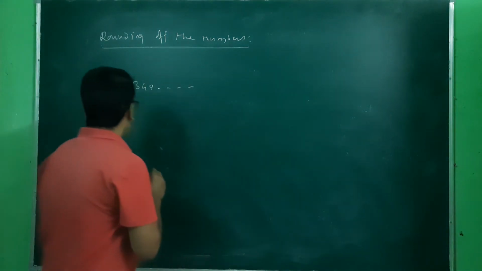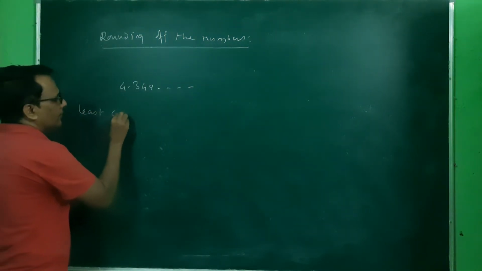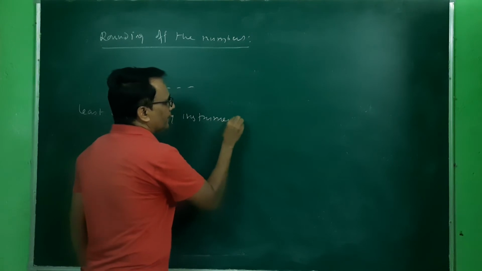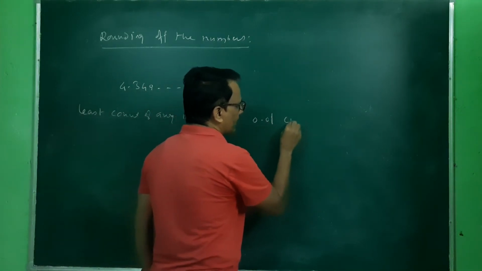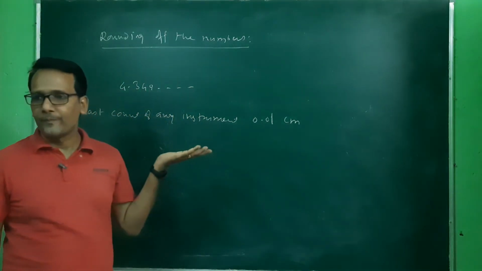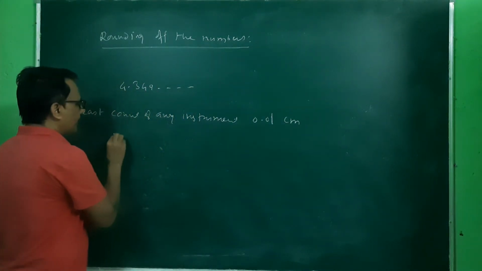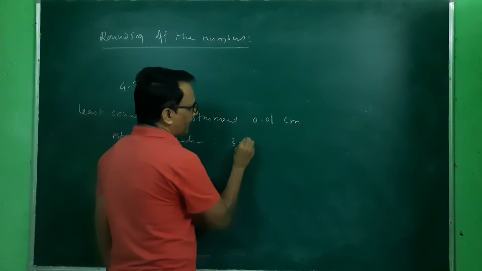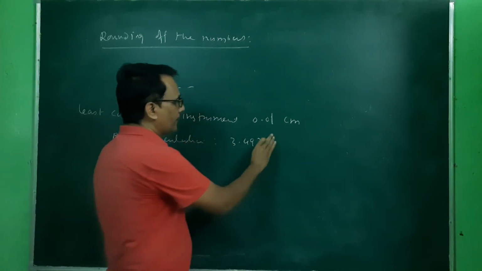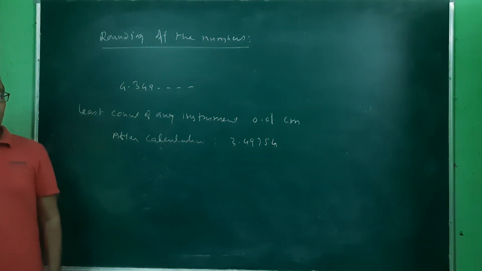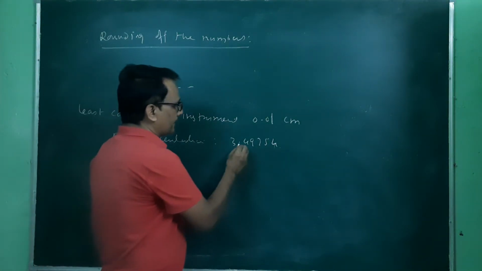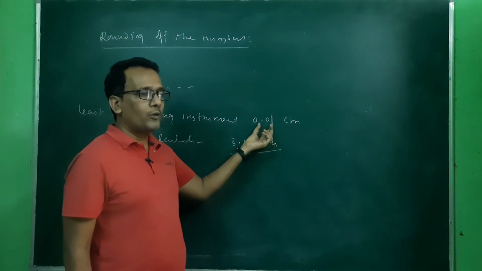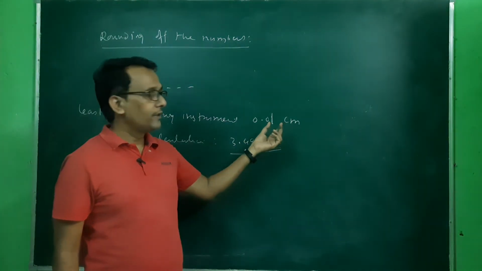If the least count of an instrument is, let's say, 0.001 centimeter, just like vernier calipers, and after calculation using a calculator you get 3.49750 like that, then as far as physics is concerned we have to write the answer with only 2 digits after the decimal point, because the resolving power of the instrument we are using to measure is only 0.01.